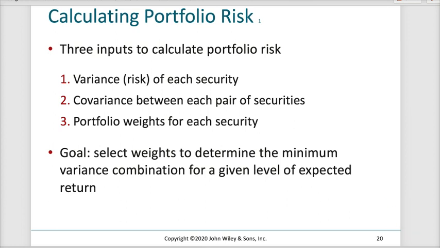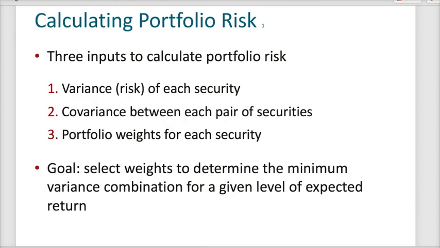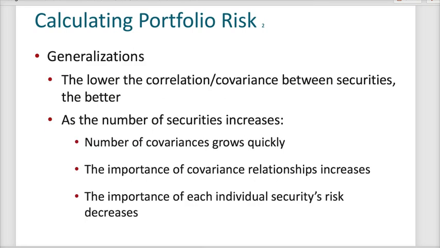Basically saying, what's the best combination? The lower the correlation or covariance between securities, the better. That's sort of a generalization that we can claim. Also, as we increase the number of securities, the number of covariances grows quickly as we add securities to the portfolio.